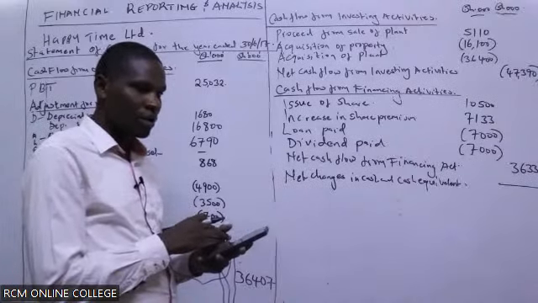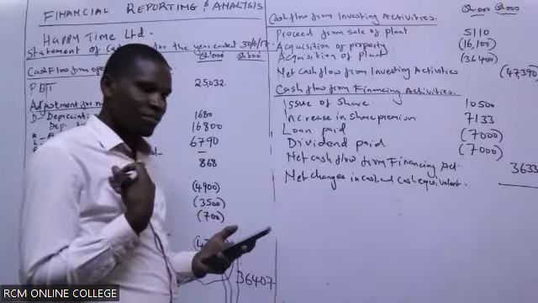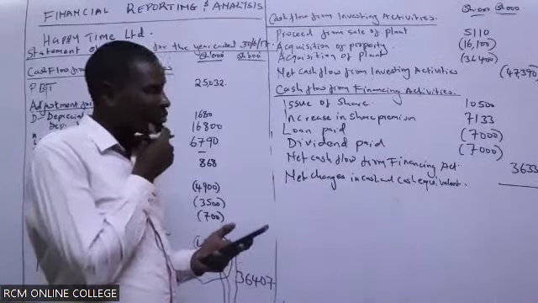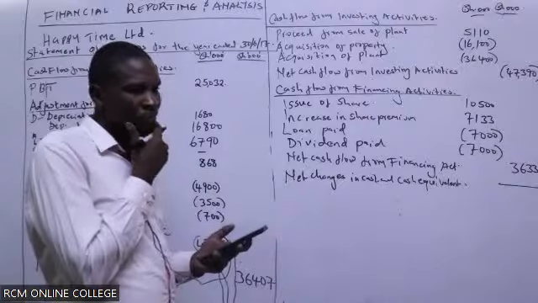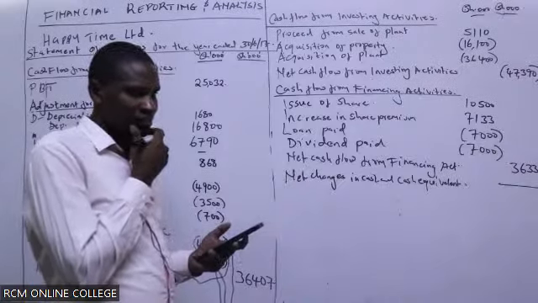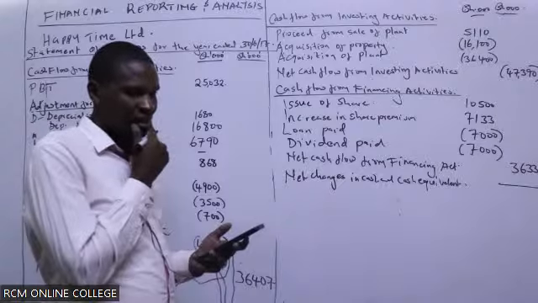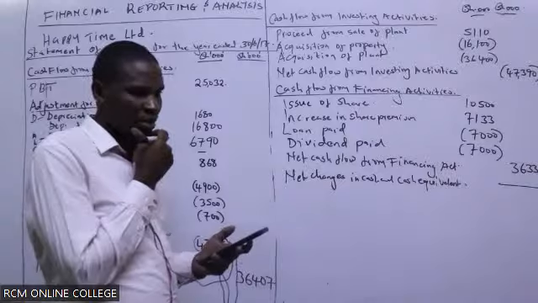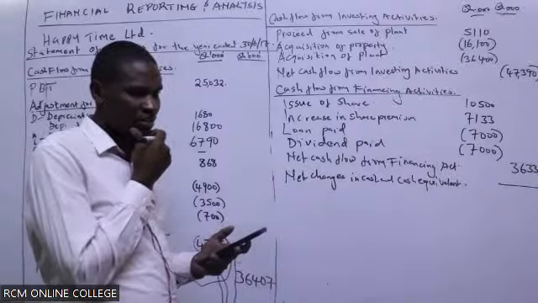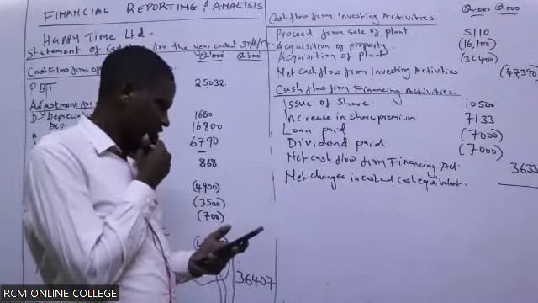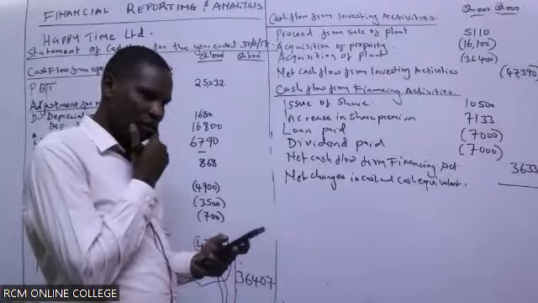Why are we getting different? Why? Naomi gets 6550. My total for operating activity is 37,207. 3727. Okay.